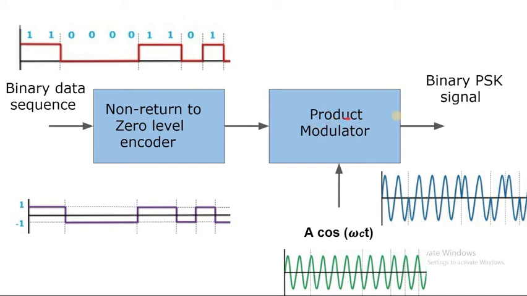Thus, the output is V PSK of t equals A cos omega c t. The carrier signal and the BPSK signal are in phase with each other, giving 0 degree phase shift.